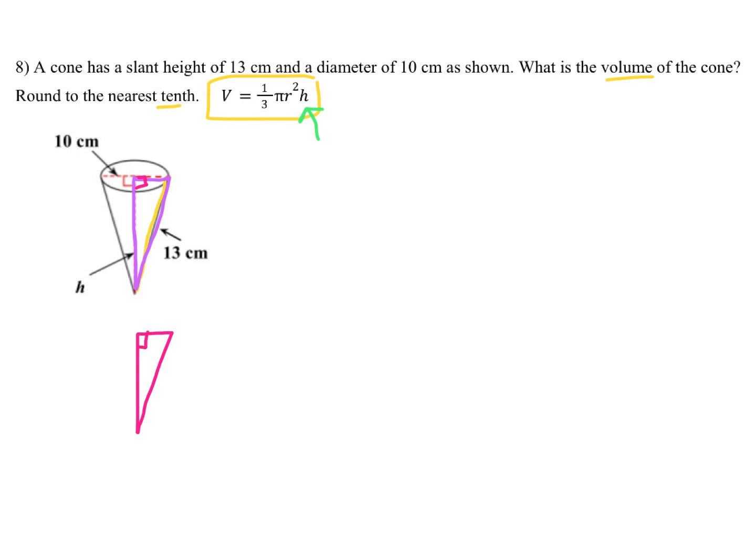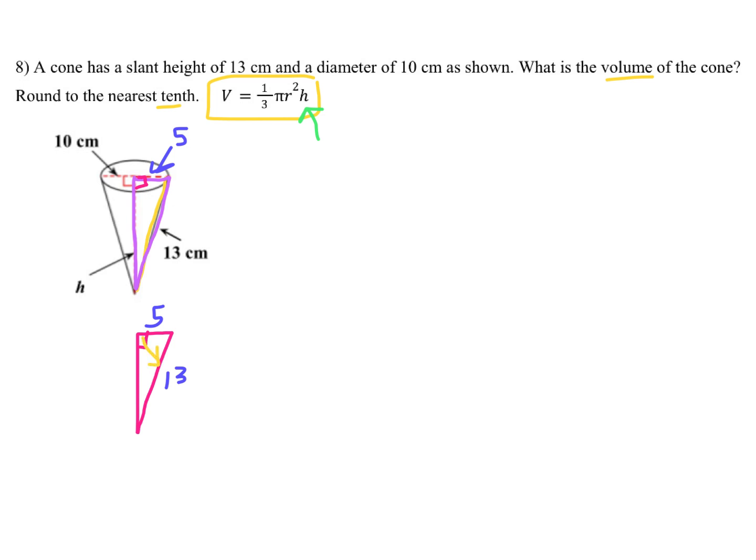Okay. So we do know the diameter going all the way across is 10. So half of that, the radius, would be 5. We know the slant height is 13, and we don't know this other leg, the height of the cone. So that is a leg.